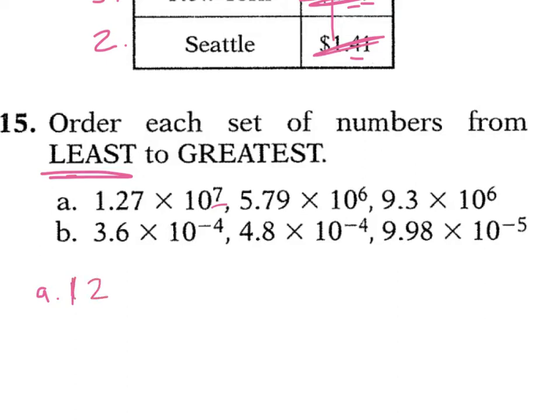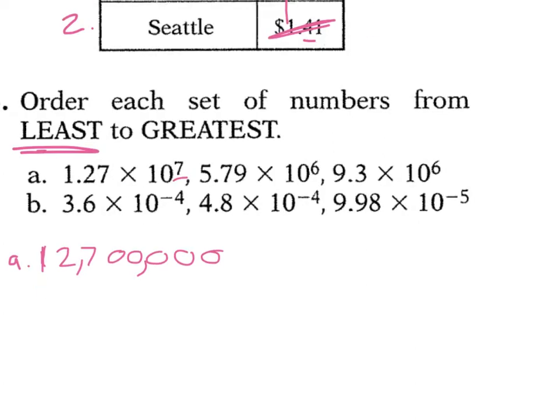So we move it 1, 2, 3, 4, 5, 6, 7. So we're going to have 1, 2, 3, 4, 5 zeros. And then we can put our commas. So after every 3 numbers, we put a comma.